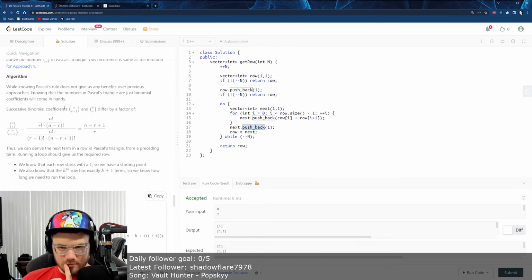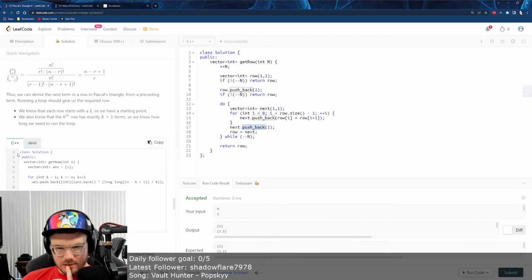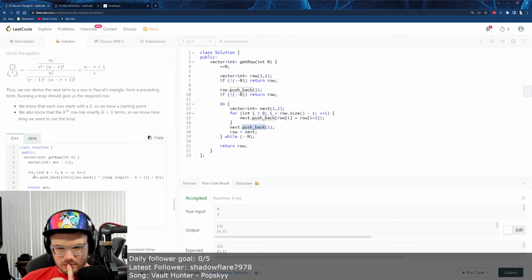Successive binomial coefficients differ by a factor of n minus r plus 1 over r. Oh, so if you know the factor of the consecutive coefficients, you can just use that. So they start off their answer as an empty vector just containing 1.